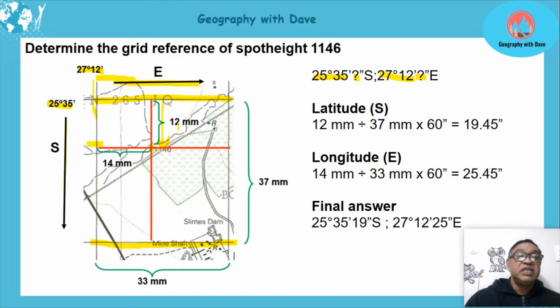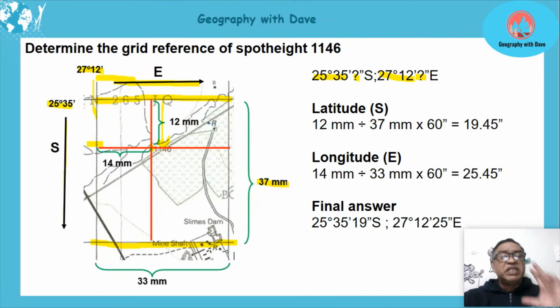Now, we know the distance between the lines of latitude for a minute is 37 millimeters. It's always 37 millimeters. In fact, an interesting point: I think it's about 36.8 that is actually the correct figure, but to make things easier, map drawers have made it 37.